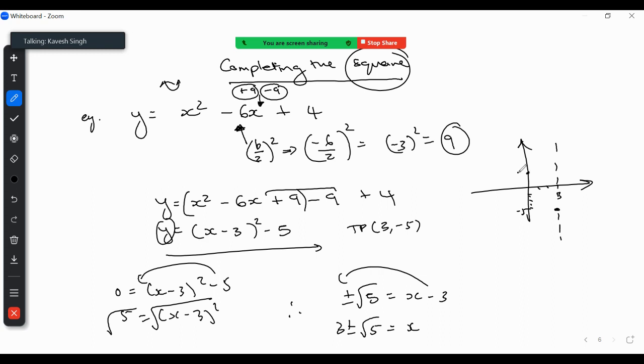Okay, so it'll be like here somewhere. And it's a smiley face, and it's going to go through 3 plus root 5 and 3 minus root 5. Let's see what that is. 3 plus root 5 comes to 5.23, and 3 minus root 5 comes to 0.76.